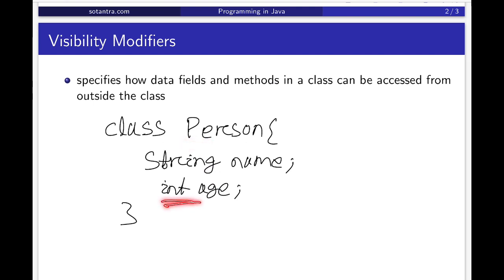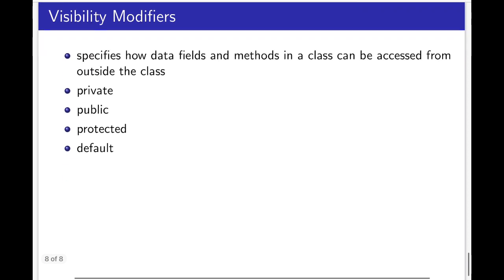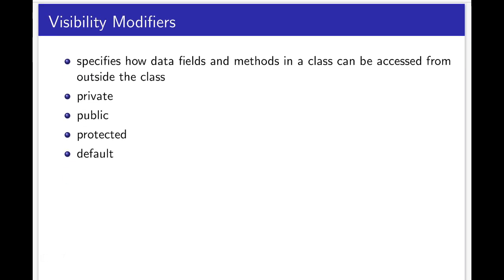So here we are not considering any methods, but the visibility modifier takes care of the data fields and also the methods. Now for the access control, or for the visibility modifiers, there are 4 keywords, or we can say 4 types of visibility modifiers.